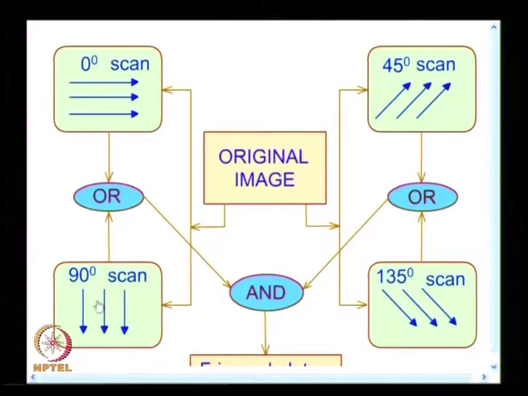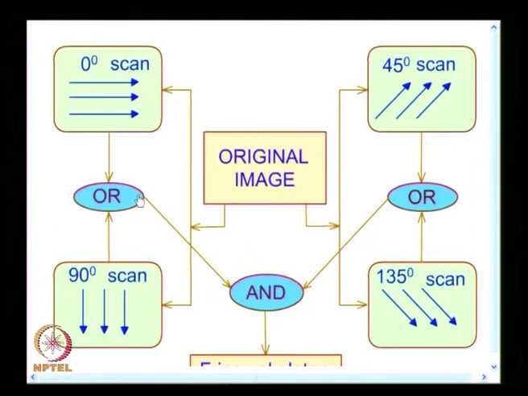And what are the logical operators? I have a 0-degree and 90-degree scan, and I do an OR operation between the two, and I have a 45-degree scan and 135-degree scan, I do an OR operation between the two. Now, I do the logical AND of these two results.